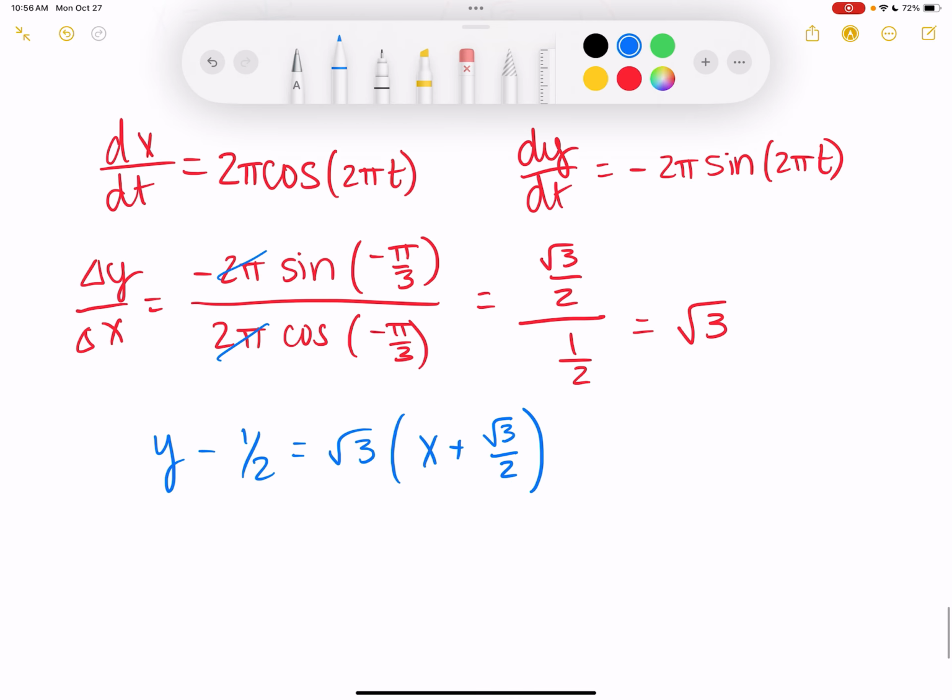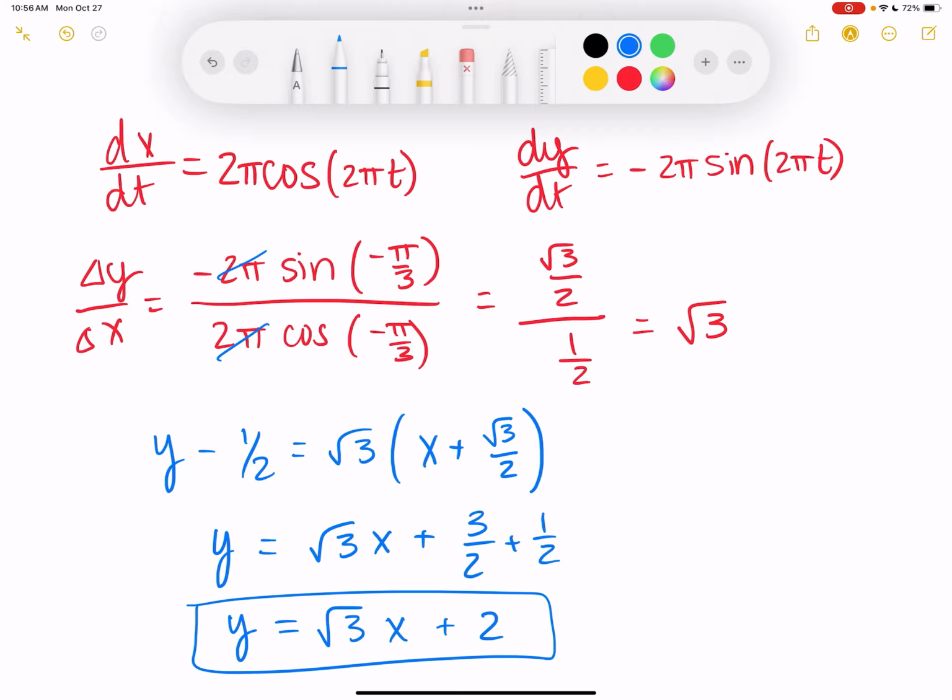So now if I move this over, y equals the square root of 3 x plus, that ends up just being 3 over 2 now, plus 1/2. So I end up with the square root of 3 x plus 2. So yeah, you could either leave it there or take it all the way down.